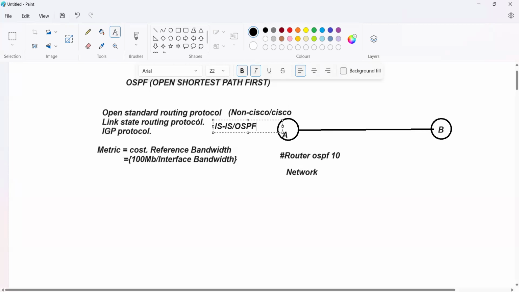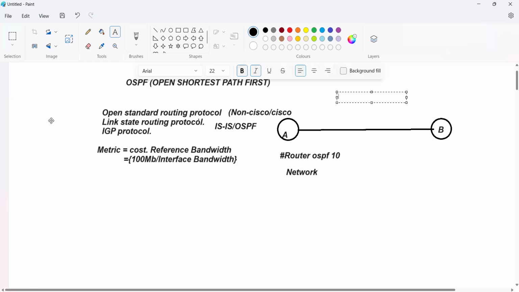EIGRP is also kind of link state. It works as both link state and distance vector. That is the reason we call EIGRP an advanced distance vector routing protocol.